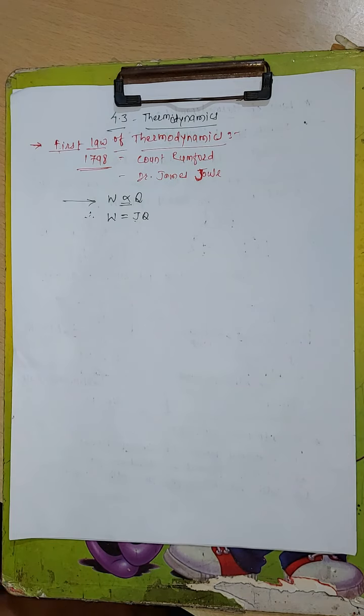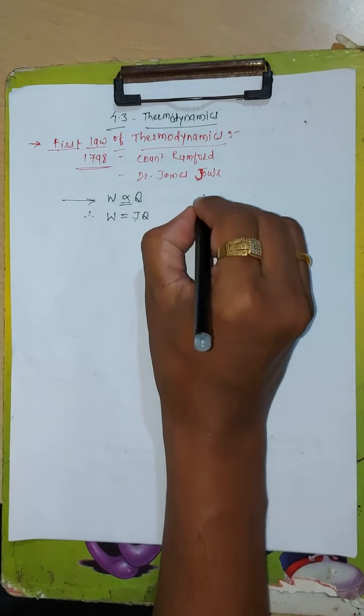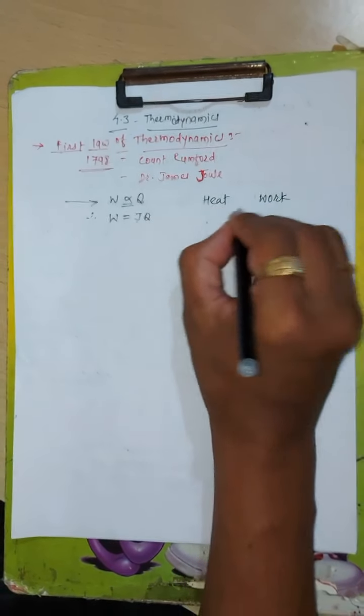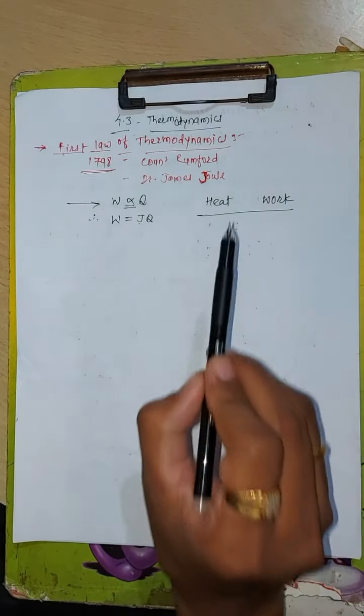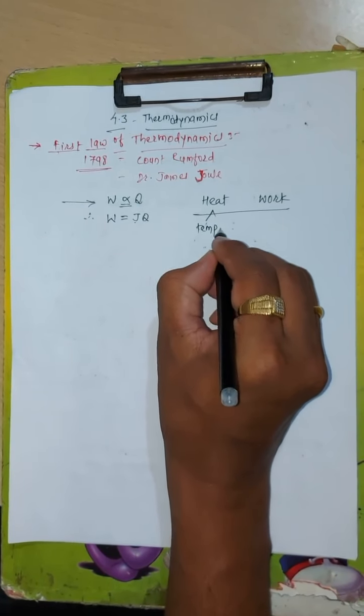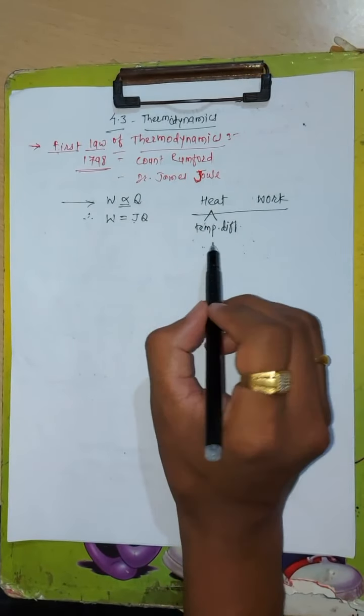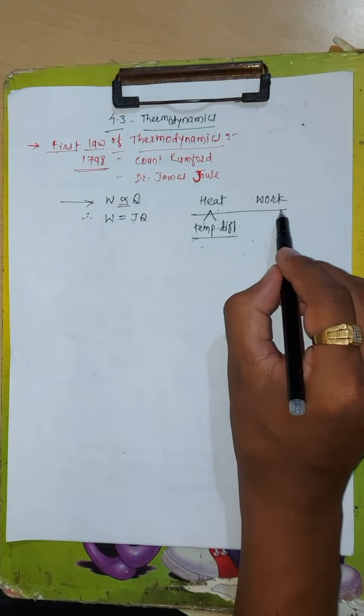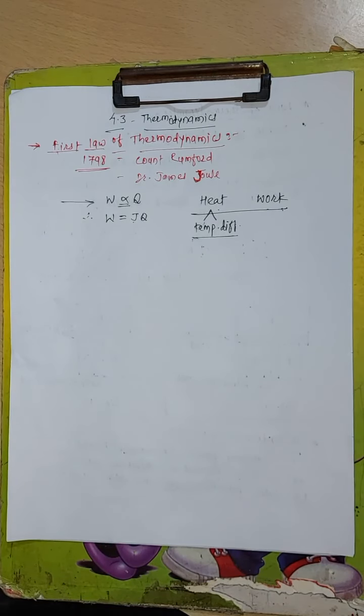Dr. James Joule made that idea regarding heat and mechanical work clear, so that famous equation is given by W = J Q. Work is energy transferred by means that do not involve any temperature difference between system and surroundings. So if we compare heat and work, we understand that heat is energy transfer, which happens because of a temperature difference. When there is a temperature difference, we can say that heat will be transferred. But what about work? Work is also energy transfer, but it does not involve any temperature difference between the system and surroundings.